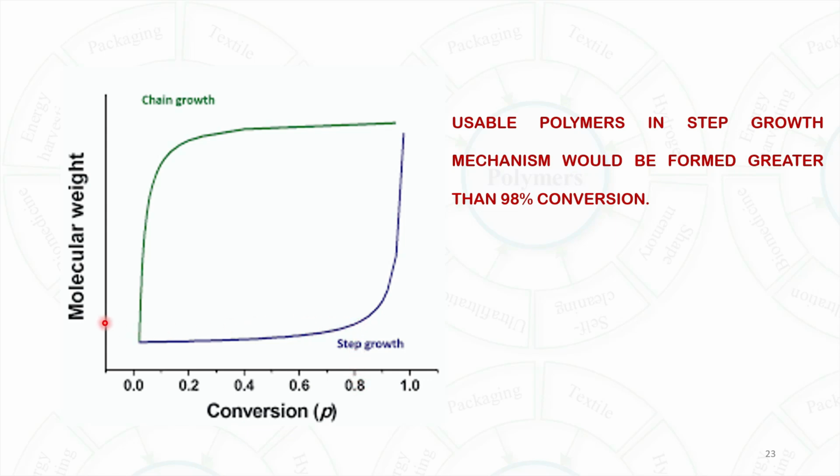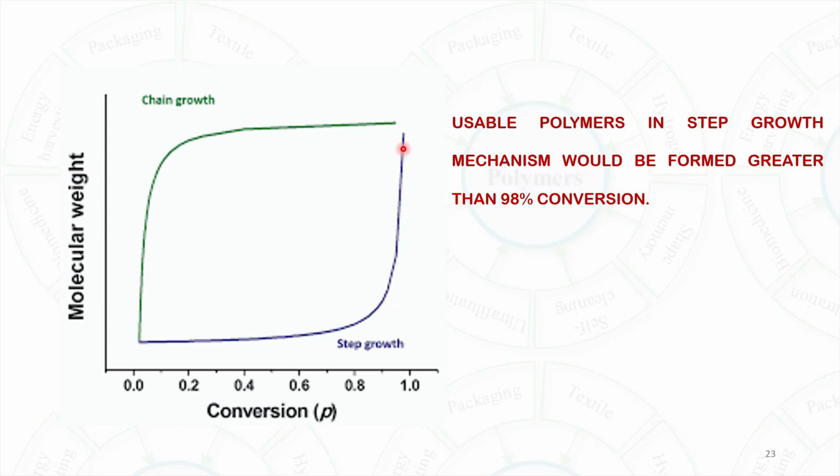But if you keep doing this reaction and reach somewhere around 95% completion, that means a conversion of 95%, only then do you start getting high molecular weight polymer. So this is the main difference in the two processes.